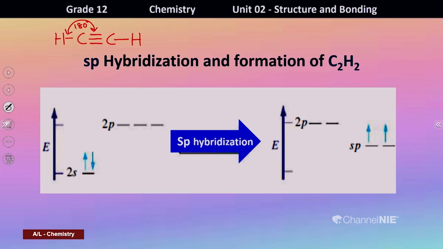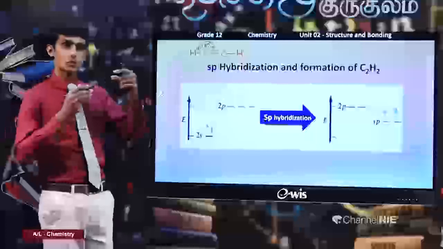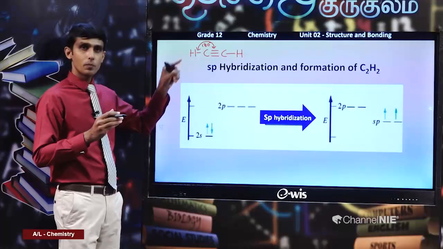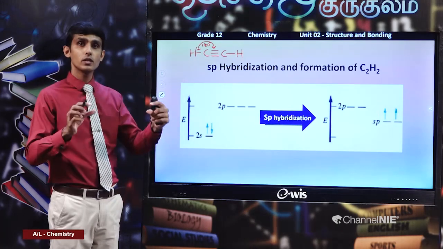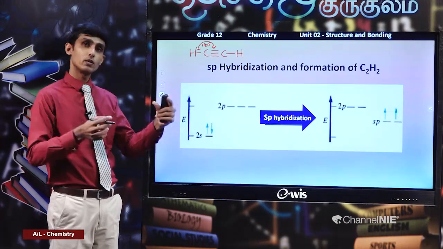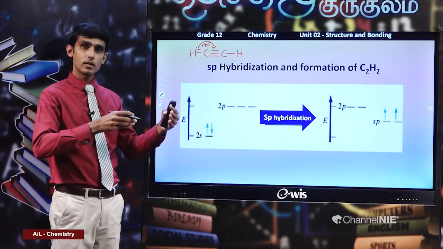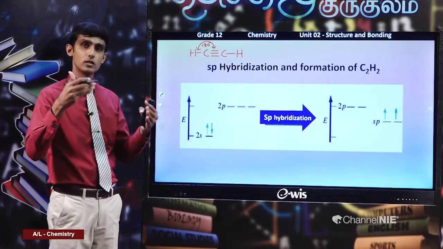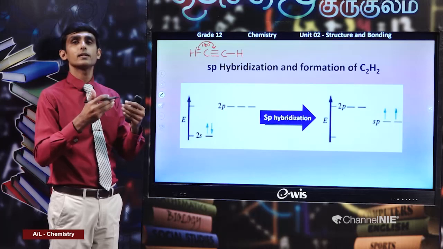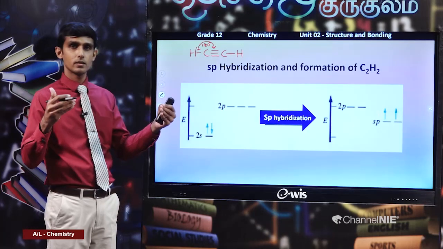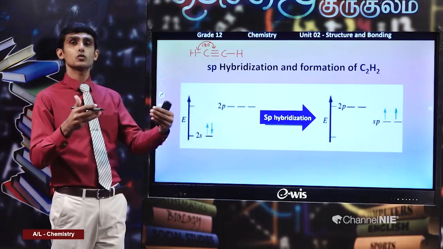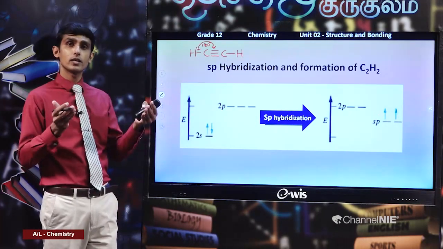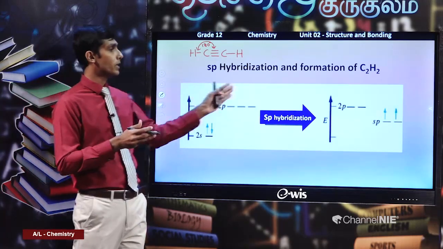To have an angle like this, it is clear that this carbon should possess two orbitals which are arranged linearly before the bonds are formed. But we know the normal carbon atom in the ground state or excited state does not have two linearly arranged unpaired orbitals. Therefore, to form two unpaired orbitals which are arranged linearly and are identical in energy and shape, it should undergo sp hybridization.